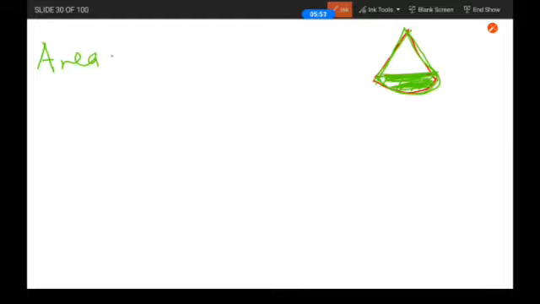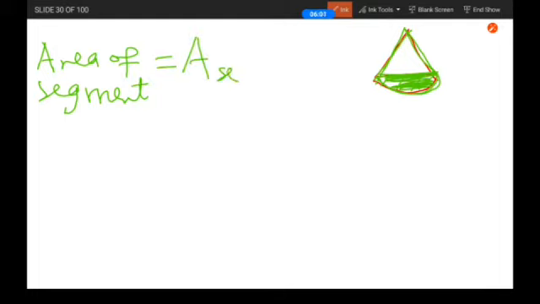Area of a segment, please listen to that, equals area of sector, good, minus area of triangle. And in this case, we have R and we have R, and there is an included angle.